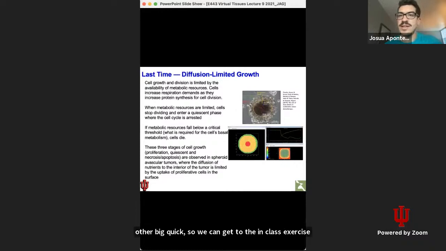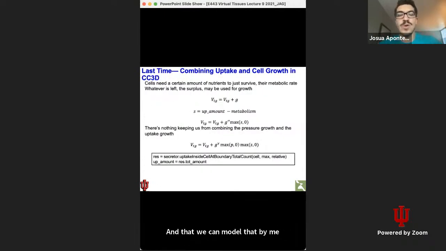So the first thing we talked about last week was diffusion limited growth. We talked about how cell growth and proliferation is usually controlled by the availability of resources in the cell's environment, and that we can model that by modifying the rates of growth, making it a function of how much resources are available to the cell and the cell is able to take up from the environment.